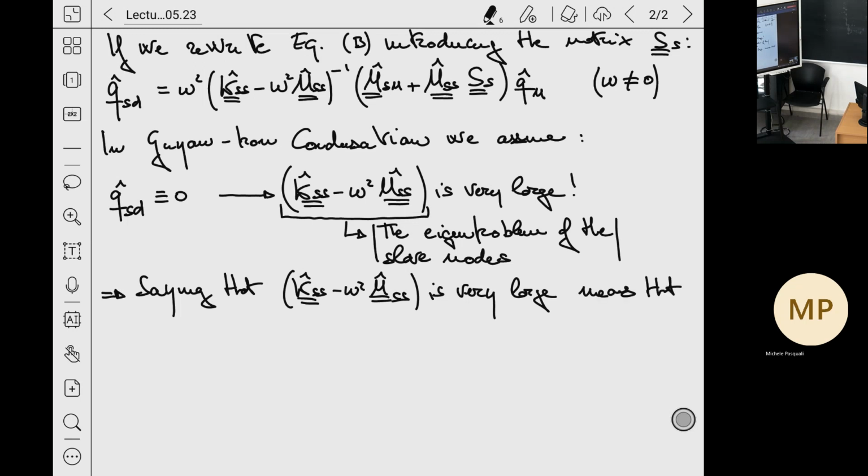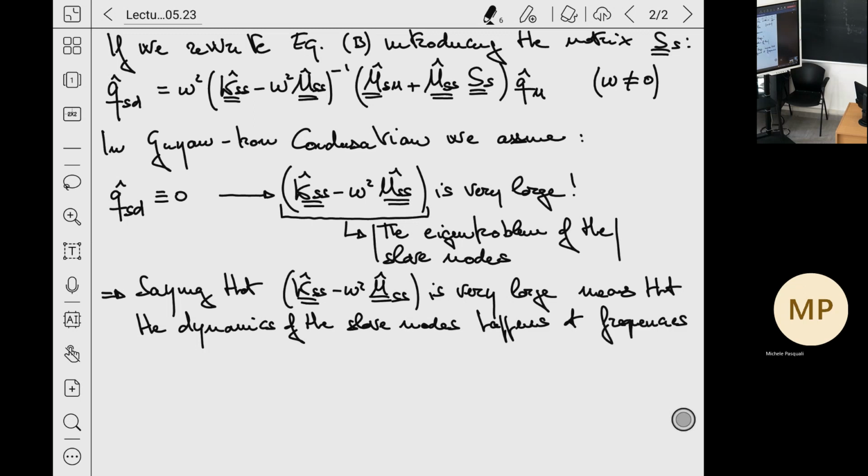that the dynamics of the slave nodes is characterized at frequencies, I'm talking about the frequencies of the modes, at eigenfrequencies, which are much higher than my frequency bandwidth of interest.